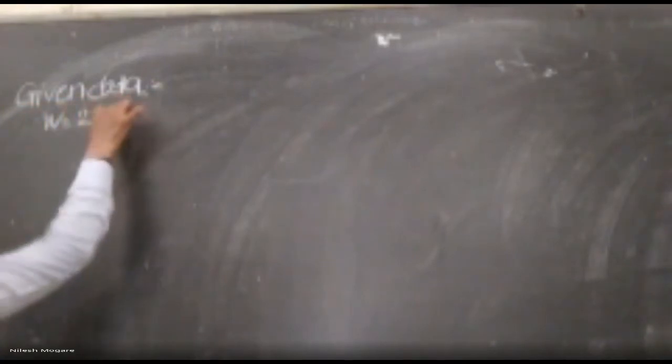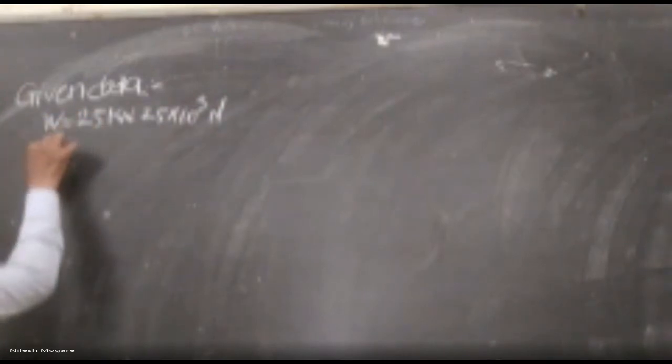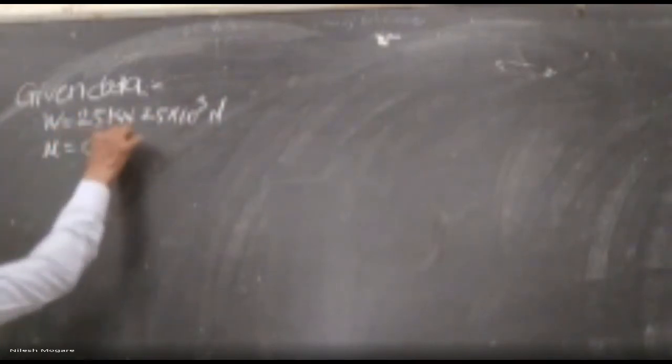Given data. They give us first the load, that means 25 kilonewton. Convert it into Newton by multiplying with 10 raised to 3. Second, they give us the coefficient of friction, mu, which is 0.15.